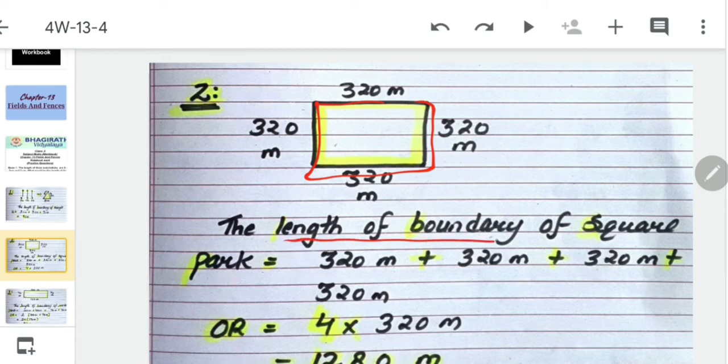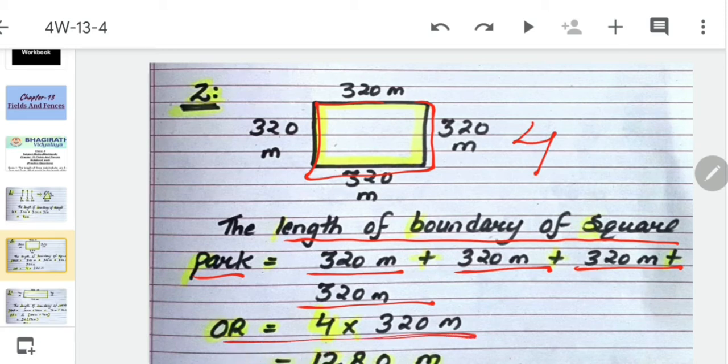So the length of the boundary of a square park is 320 plus 320 plus 320 plus 320. Class, instead of adding 320 four times, we can directly multiply 320 with 4. So we will have the same answer.